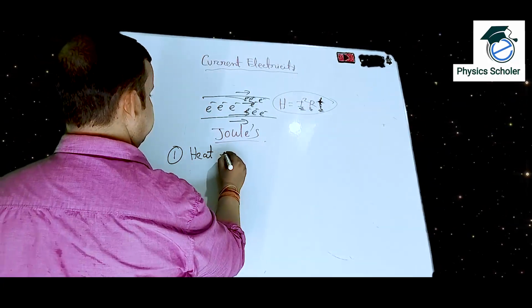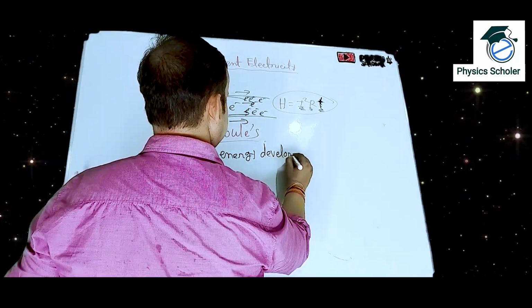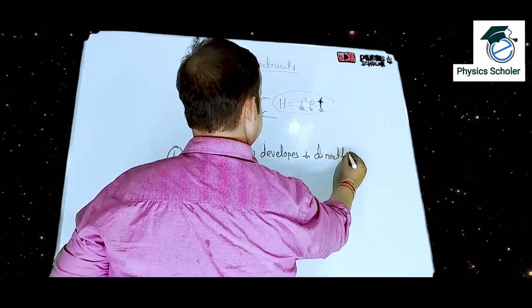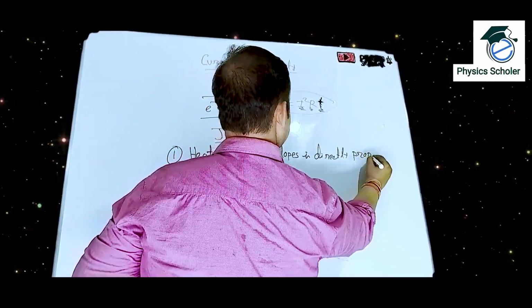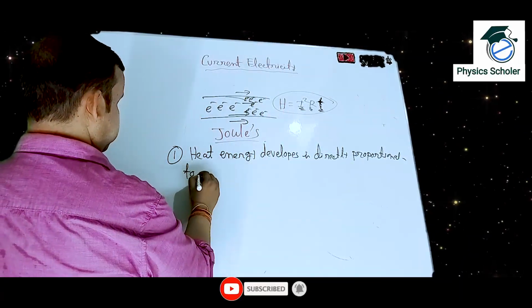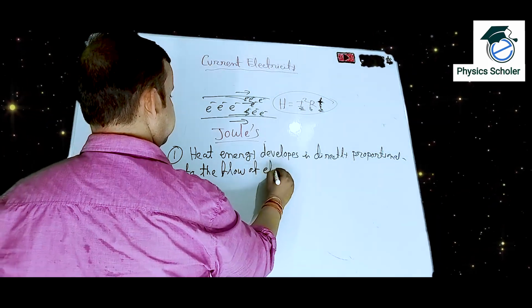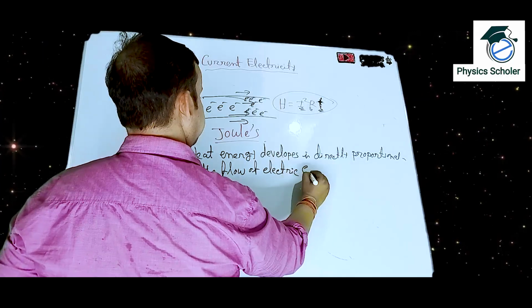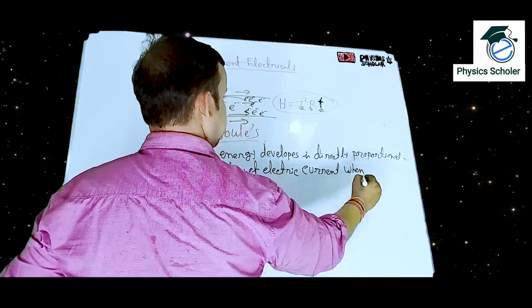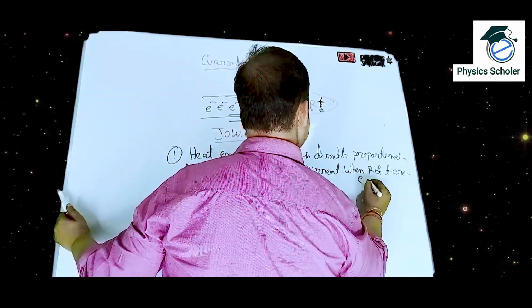The heat energy developed is directly proportional to the square of the flow of electric current when R and T are constant.